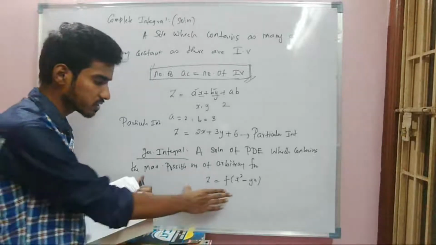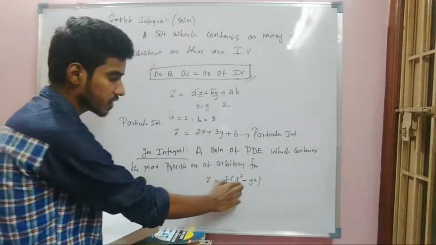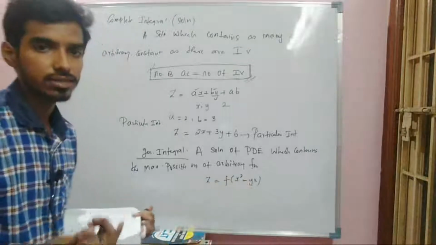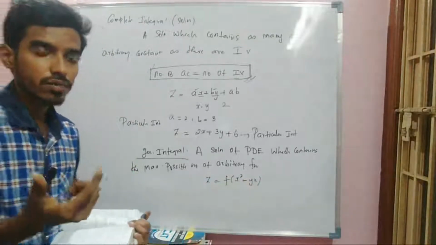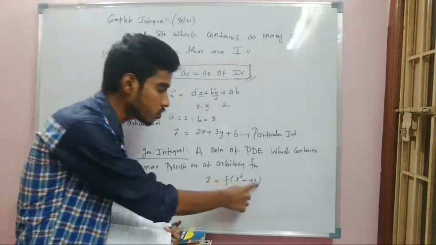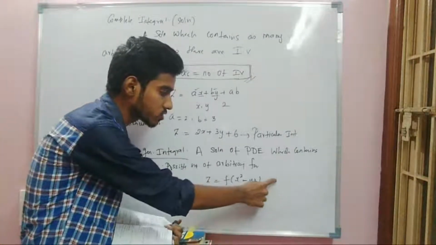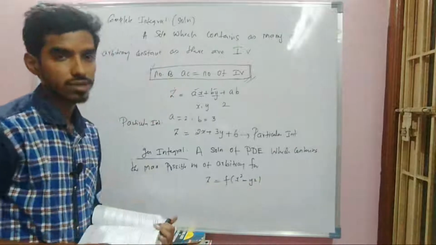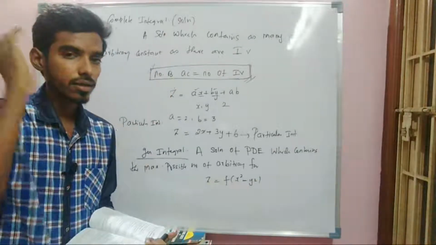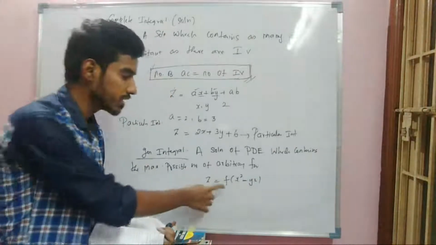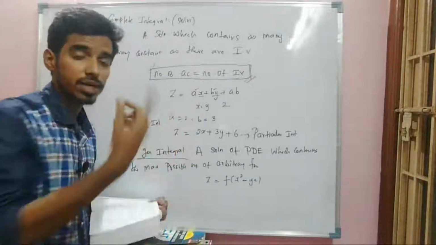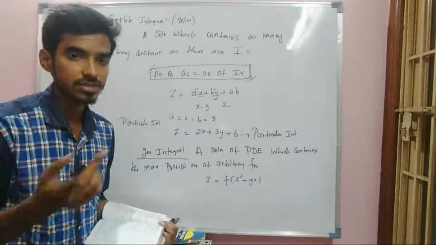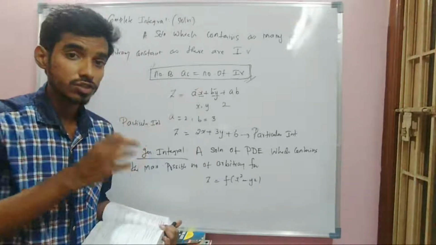We have seen a lot of examples. In solving Lagrange's equation, we will have two functions, like z of x square minus y square, comma something. If that solution involves functions, then it is called general integral. If the solution involves a number of arbitrary constants equal to the number of independent variables, then that is called complete solution or complete integral.